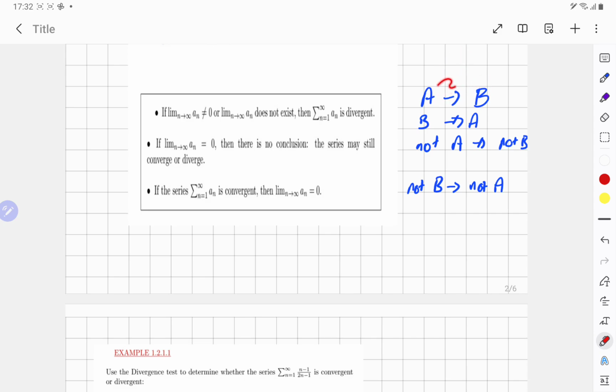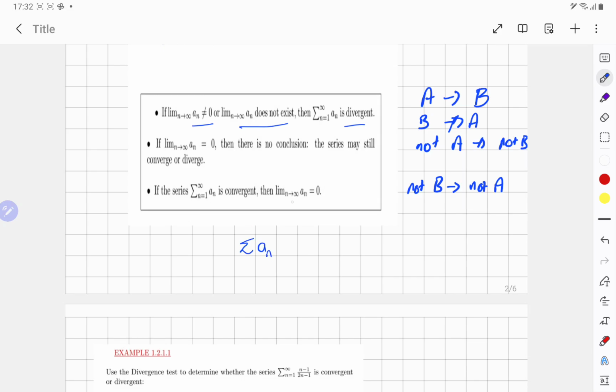If we have statements in maths and A implies B, it does not necessarily mean that B implies A. Not necessarily. So what do I mean by that? If I say the limit as n approaches infinity of my sequence is not 0, or does not exist, then my series is divergent.